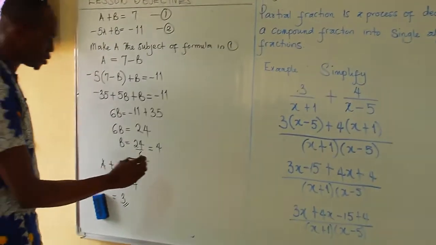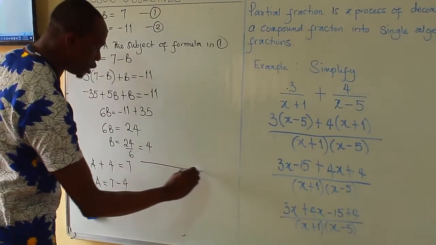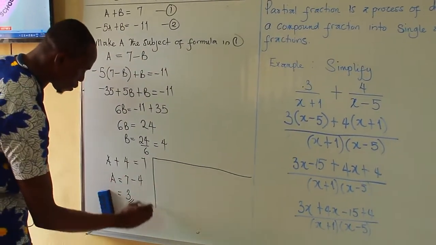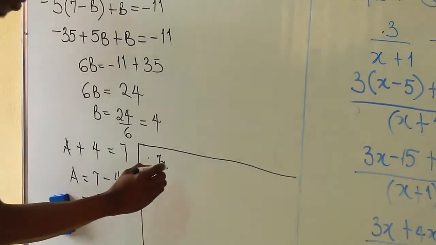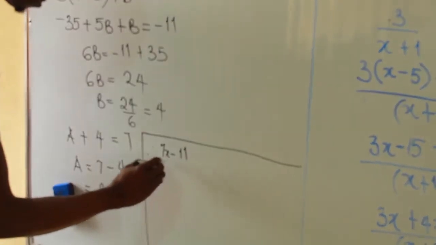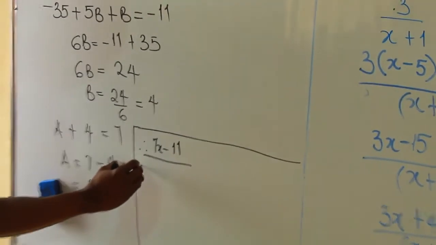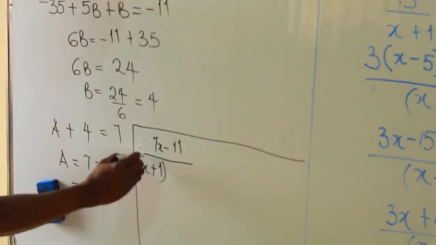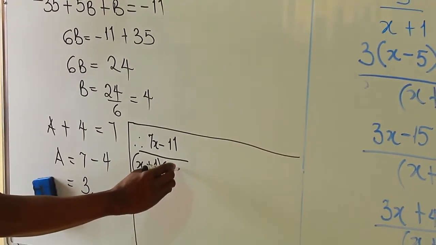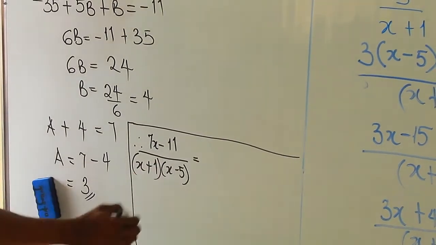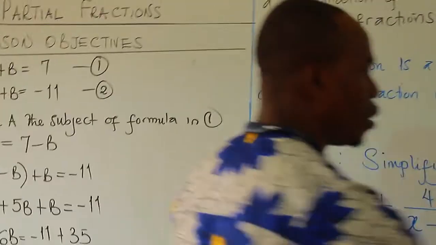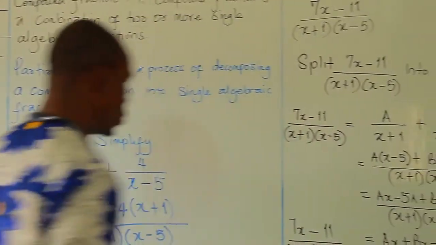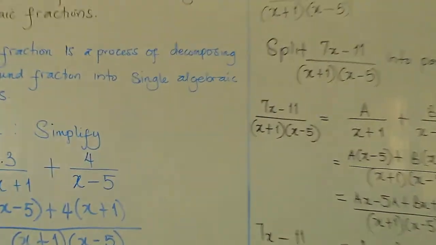Now, to state the answer, we write it in this form. Therefore, 7x minus 11 over x plus 1 in bracket x minus 5 is equal to, we now write the values of a and b, how we wrote it here, to be able to write the answer in the split form.